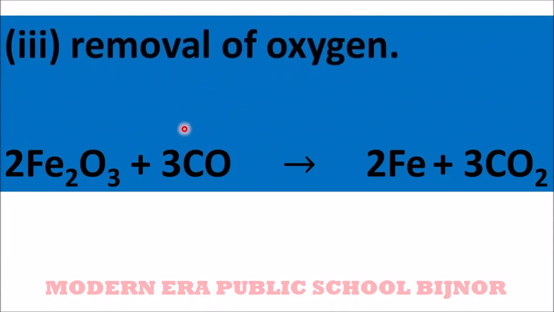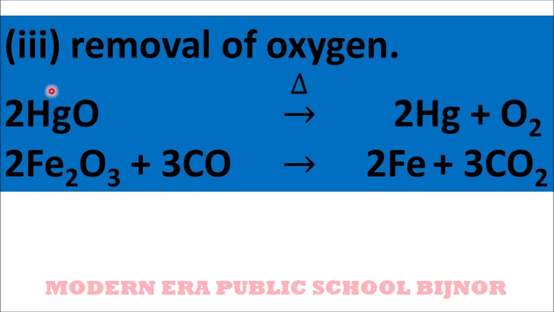Removal of oxygen. If a substance loses oxygen, it also comes into the category of reduction. For example, Fe2O3 and carbon monoxide react. Ferric oxide loses oxygen and becomes iron metal. So this is reduction because the substance loses oxygen.